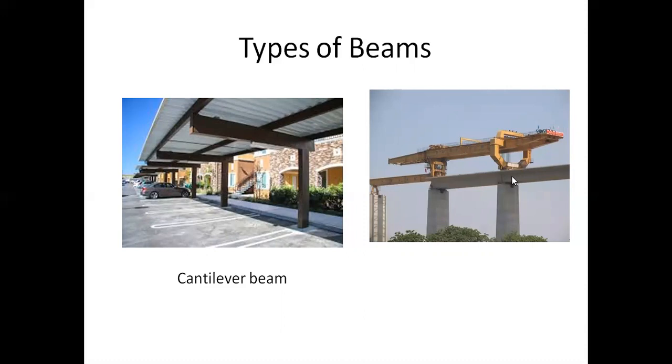There will be a gap between this plate and this plate. I am talking about the upper one. So these are the two supports and one plate. This is a viaduct, whatever we say. So when you have two supports, then it is called a simply supported beam.